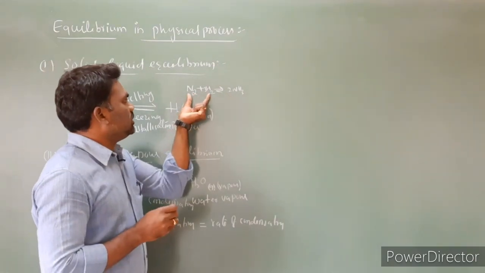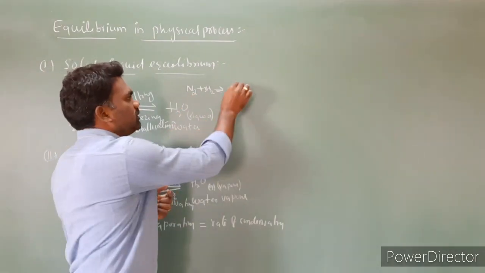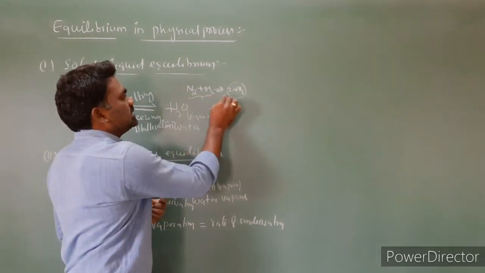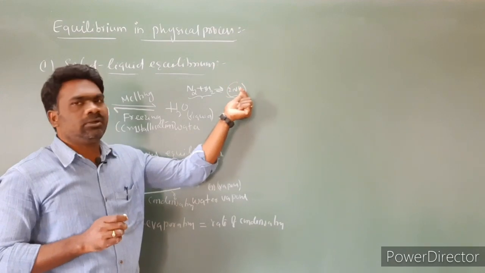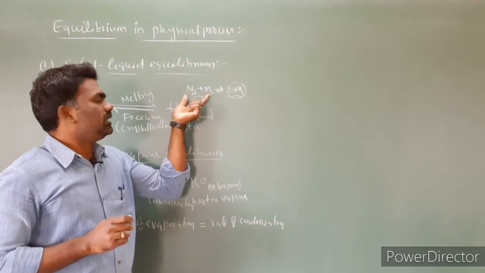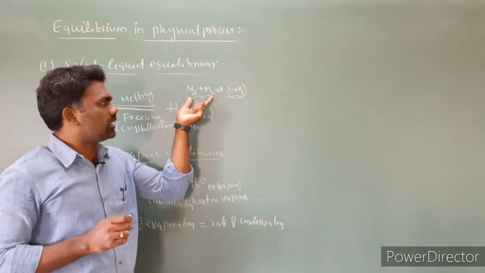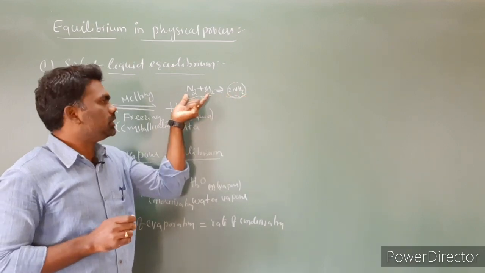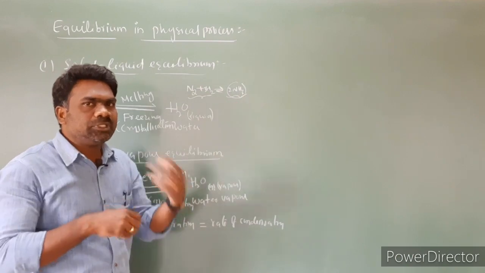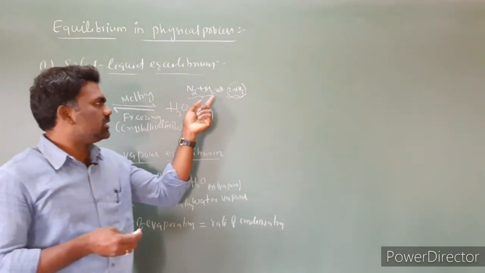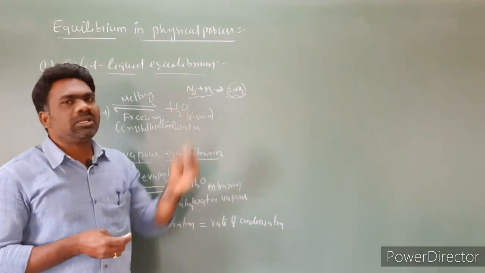Here the initial stage is N2 and H2 and the final product is ammonia. The composition of the product is different from the composition of the reactants. The reactant is nitrogen and hydrogen, but the product is ammonia. The composition is changed, so we call this equilibrium in a chemical process.